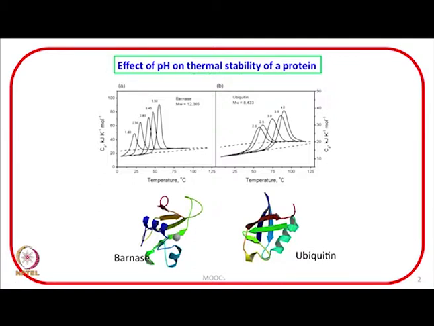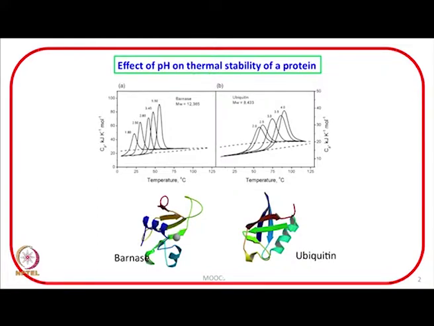And you can clearly see that when pH is changed from 1.8 to 5.5 or higher, there is a continuous increase in the thermal stability of the protein.